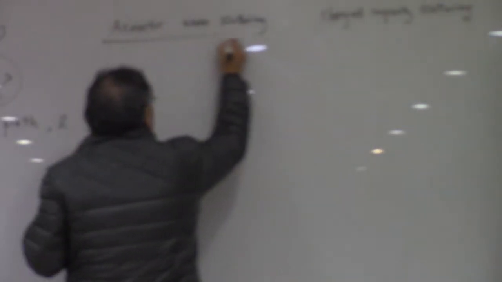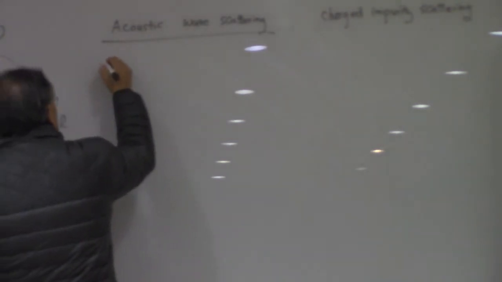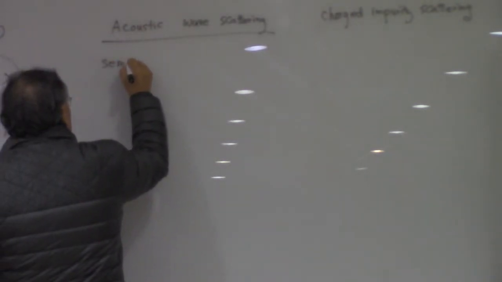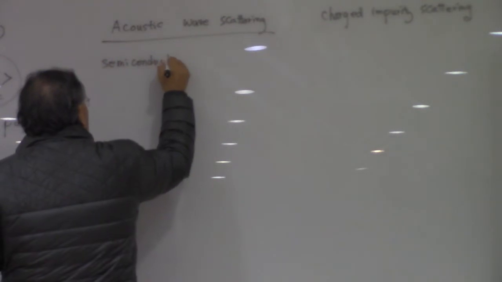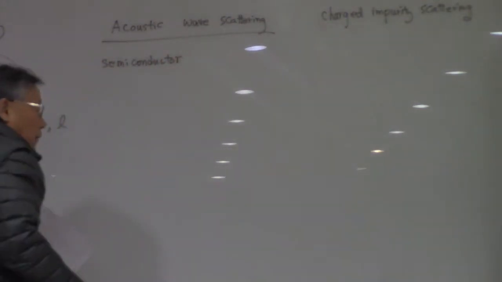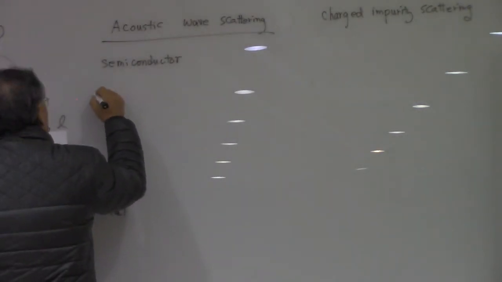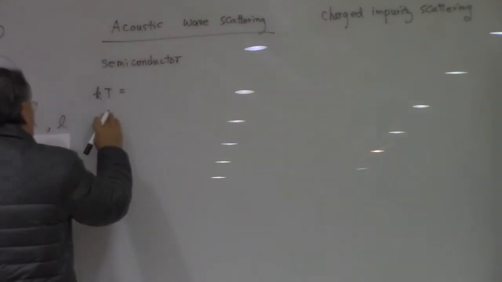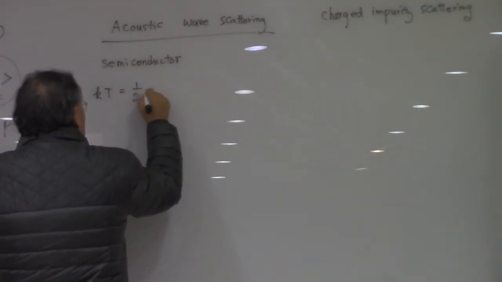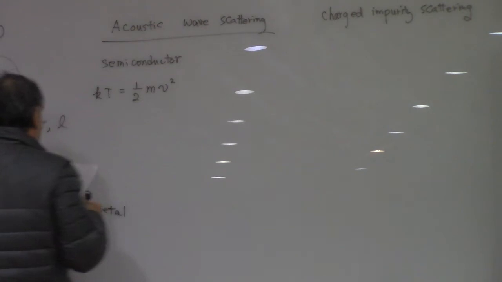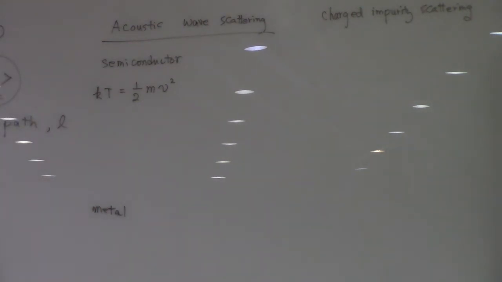So let's think about this acoustic wave scattering first. We have two cases. One is a semiconductor, where we have a limited number of free carriers, and then we're going to have a case for the metal. Okay? In a semiconductor case, kT, the thermal energy, is related to the mv square, the kinetic energy.